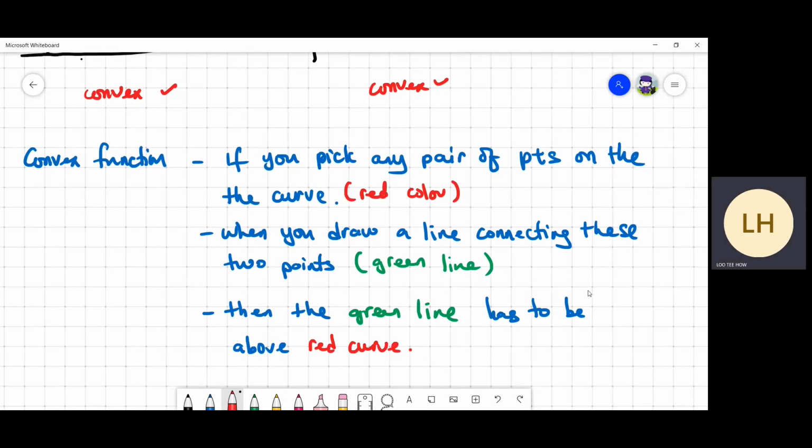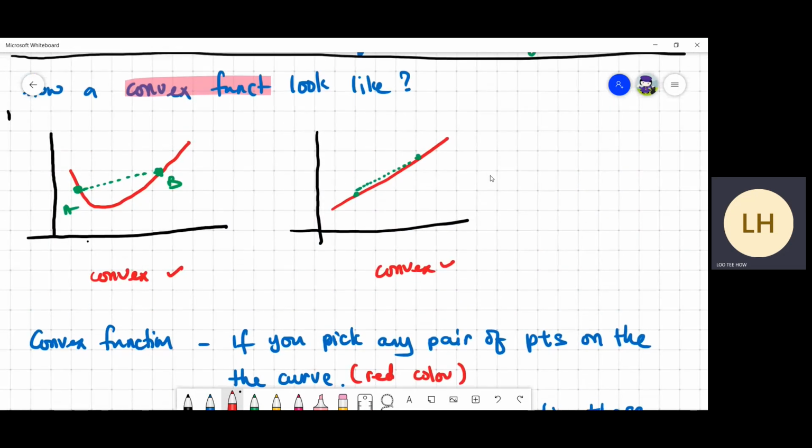A convex function is a function whose graph has this property. So geometrically, a convex function can be described in this way. You can pick any pair, maybe here and here, and draw another line.